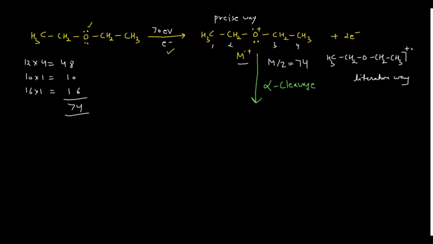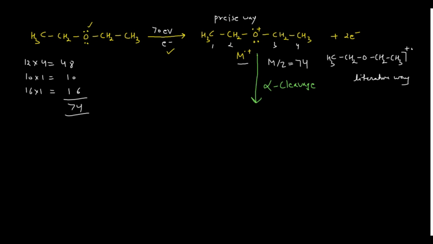So if you are doing your alpha cleavage, you can break either this bond or this bond, since both are the same, right? This is ethyl, this is also ethyl. So whether you break this right hand side bond or the left hand side bond, this will not make any difference to the results, right?